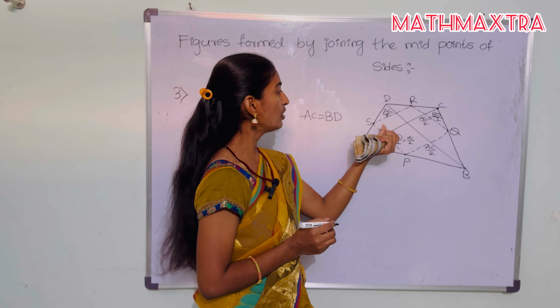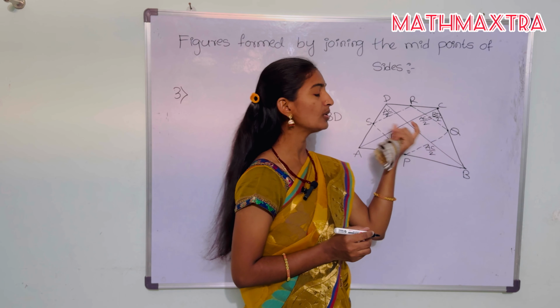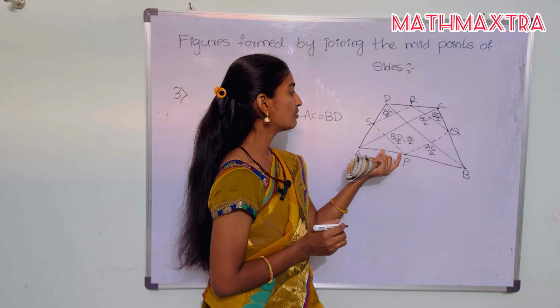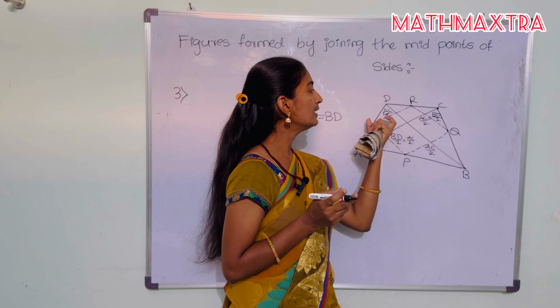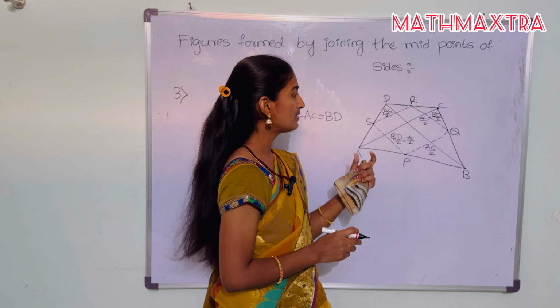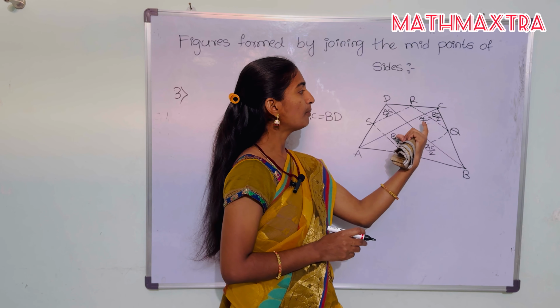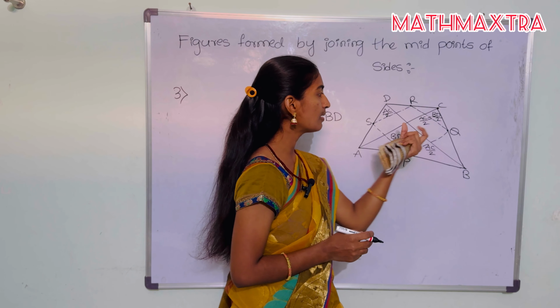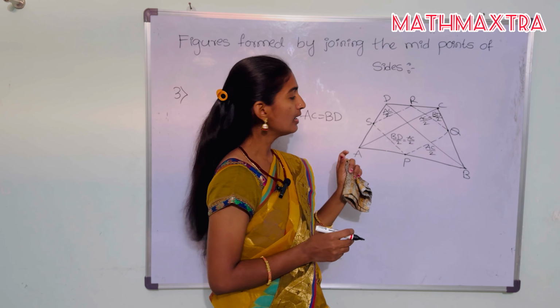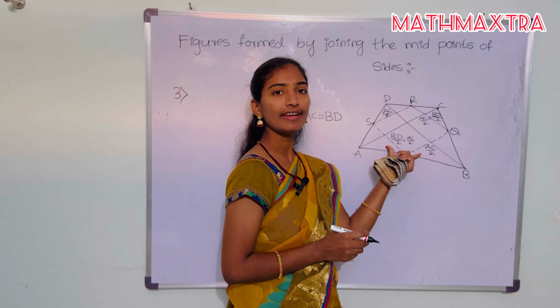Isn't it? And we don't know the angles at the PQRS vertices. That is why we have only one property, that all the sides are equal, and opposite pairs of sides are parallel. Yes, these two sides are parallel, these two sides are parallel, and adjacent sides are equal.